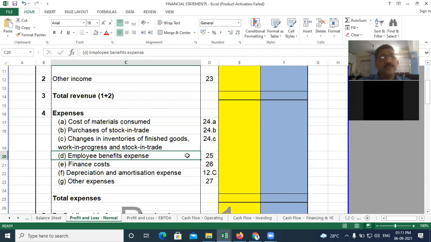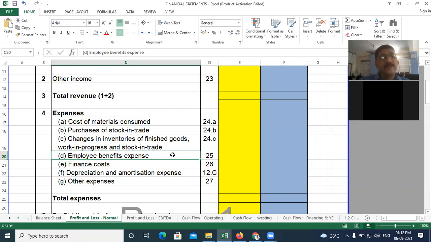The fourth one is employee benefit expenses. What does the term employee mean here? Who will be treated as an employee for this accounting purpose? The workers working in the organization are employees. The staff working in the organization are again employees as per the income tax rules.